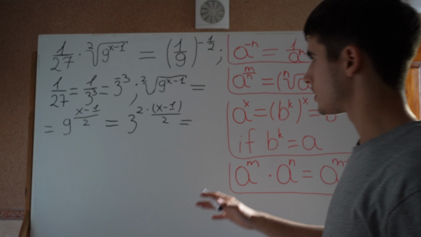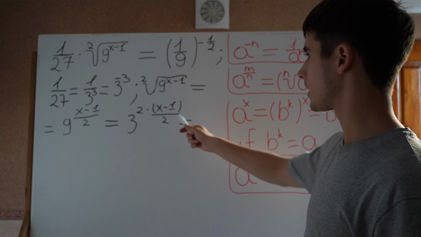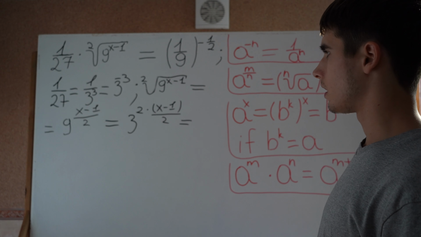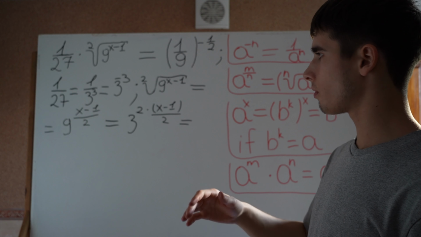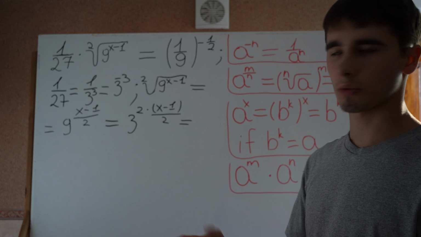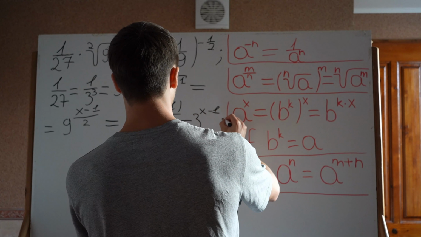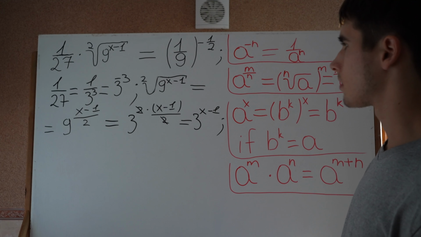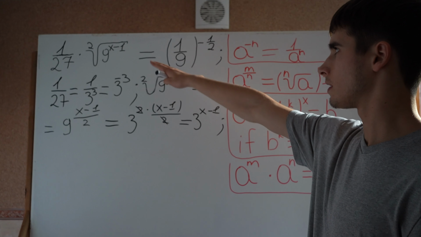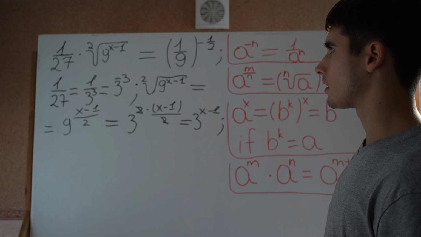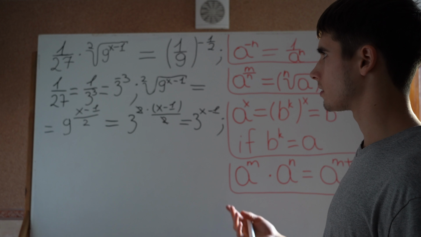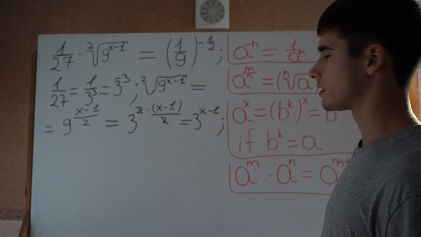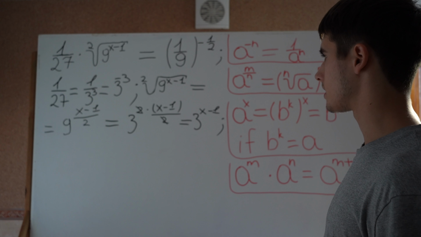And as you can see, we can reduce these two numbers, 2 and 2. So we will get 3 raised to the power of x minus 1. So this is our second number transformed into a number with the base 3.